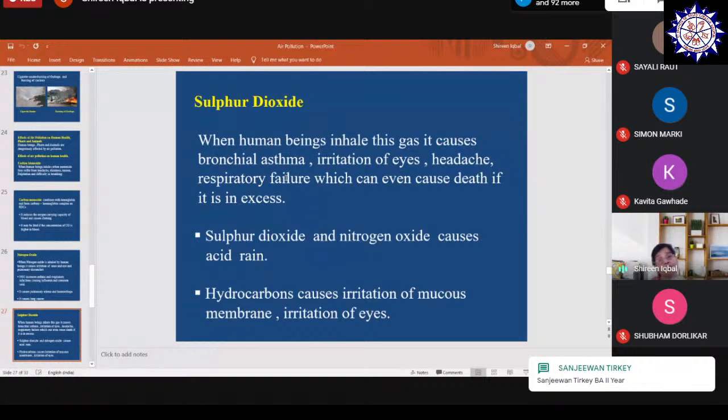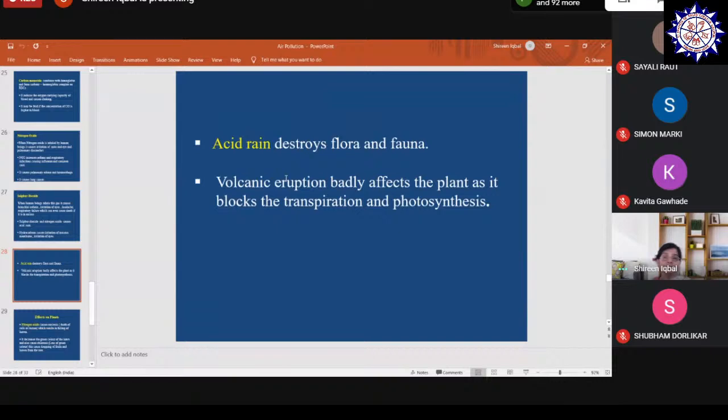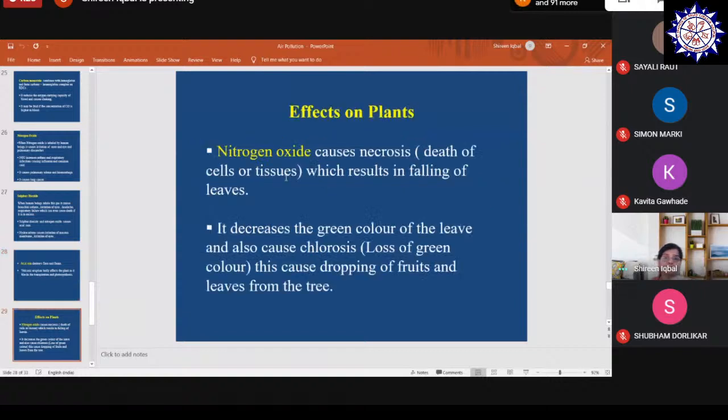It also causes irritation in eyes. And this we have already seen, it destroys flora as well as fauna. And the volcanic eruption also we have seen, it completely blocks the transpiration and the photosynthesis.